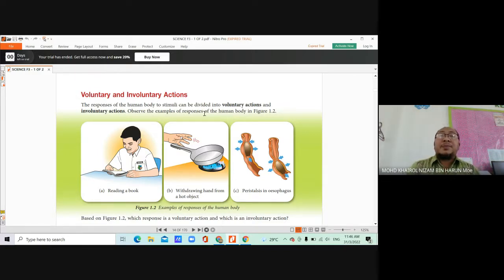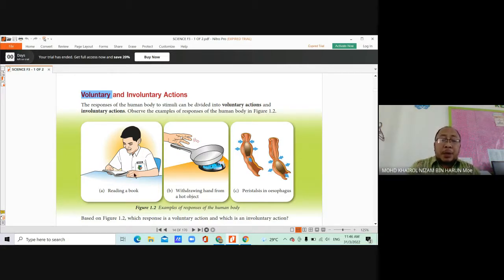Cikgu tak ingat dah. Okay, voluntary means the action we know what happened, and involuntary we cannot control. We cannot control this action. So the responses in the human nervous system are divided into two: voluntary action and involuntary action.